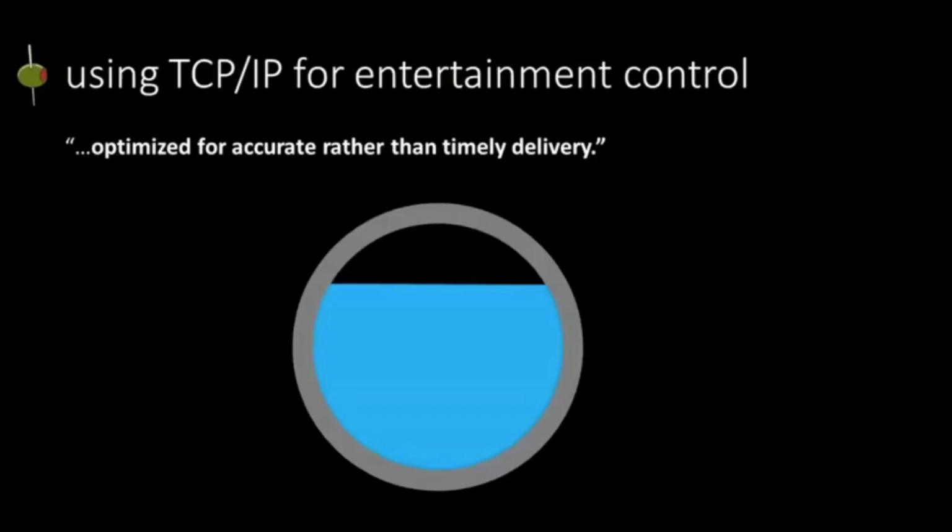If this is our baseline operating level and then we try to push more through it, all the information is going to get there according to TCP/IP rules. It may just get there delayed. It may get there out of order and need to be relabeled. The receiving device may miss packets and have to request them again, which takes time. So we're going to make decisions to put together an entertainment control network that maybe we wouldn't worry about if we were building a network for an office or a retail space.